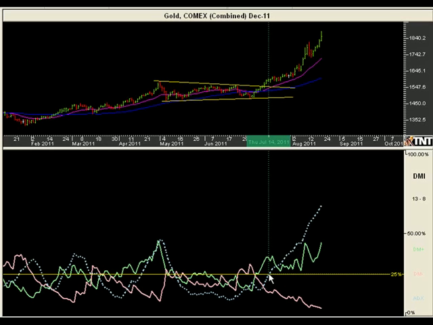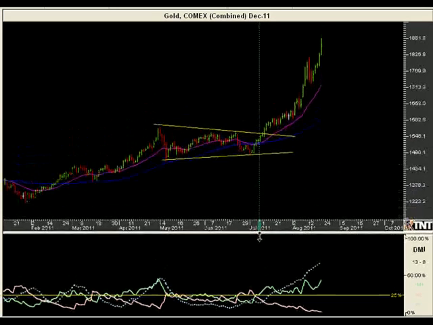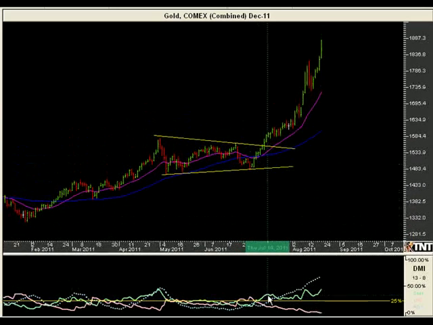Now, even though DMI and ADX are terribly slow, they are very reliable. So what we saw here is the market breakout above our trading range, which we knew it was confined in a trading range because DMI had told us so.